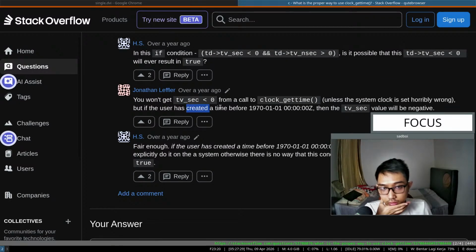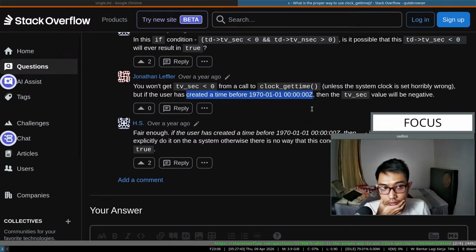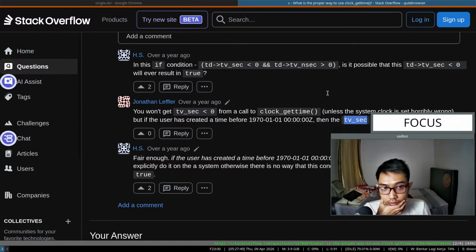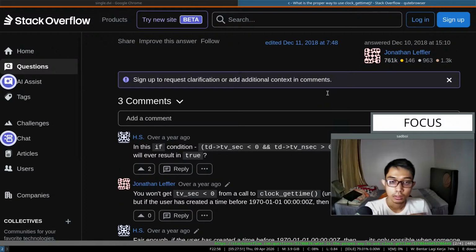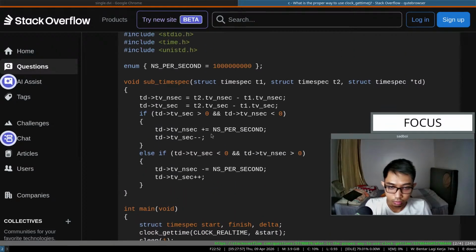And we can create a time before 1970, I guess. But why do we need to increment or decrement the second?